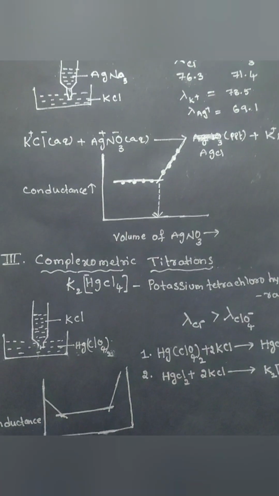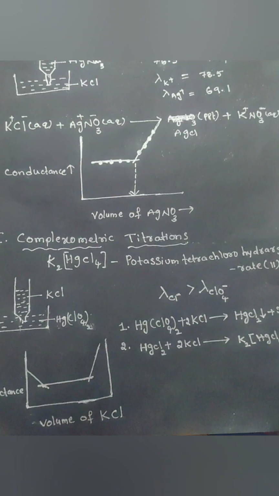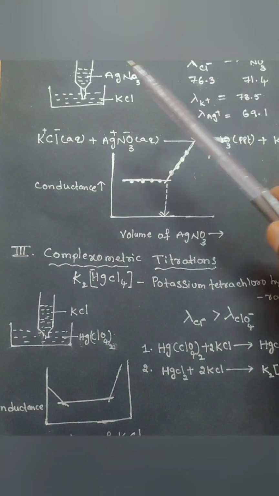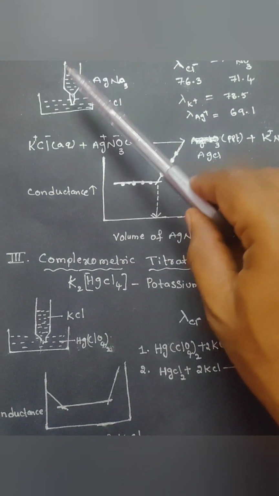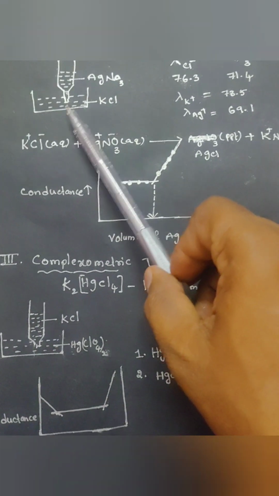Now we discuss the precipitation titrations by taking the reaction between KCl and silver nitrate. Here we take the silver nitrate in the burette, and KCl solution is taken in the beaker or conical flask.